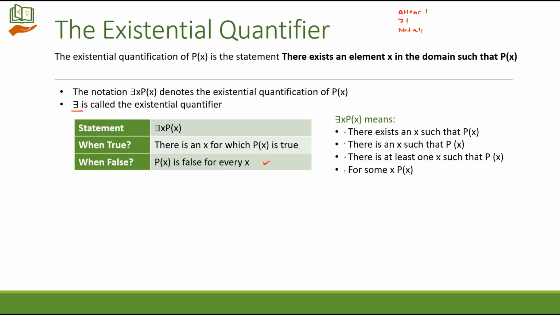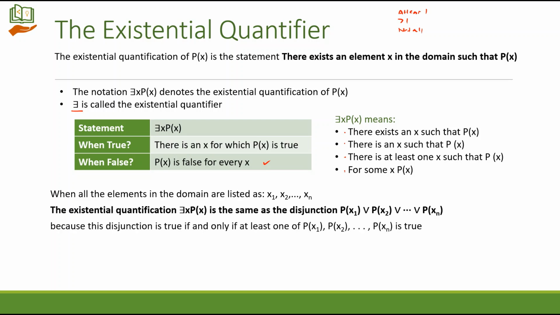you can conclude it is not existential quantification. When all the elements in the domain are listed as x1, x2 to xn, the existential quantification is the same as disjunction. What is the condition for disjunction? Both the variables should not be false, because only then the result will be false. Other than that, when they are true and true, true and false, false and true, it will have the result as true.